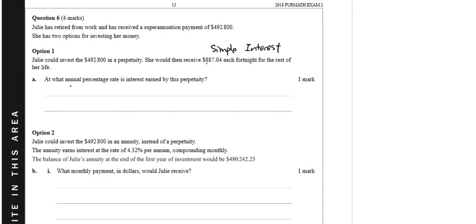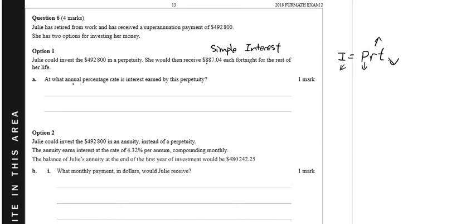Now, at what annual percentage rate is the interest earned by this perpetuity? So we know that the simple interest equation is I equals PRT, where I stands for the amount of interest, P is the principal, so the money that she invests in, R is the rate, and T is the time. Okay, so it depends on how you want to work out your rate.